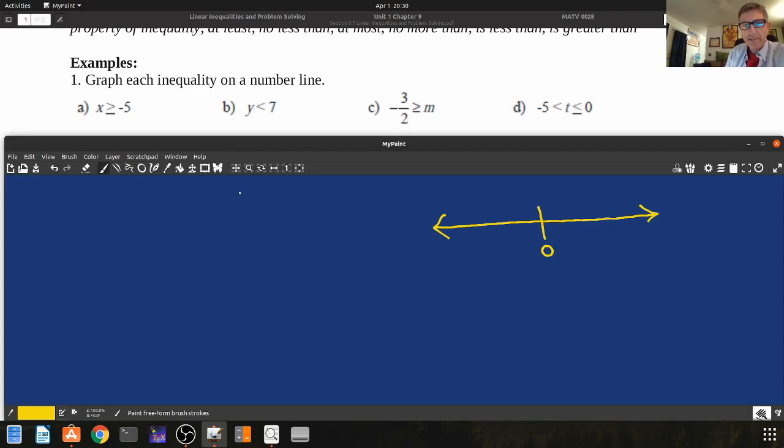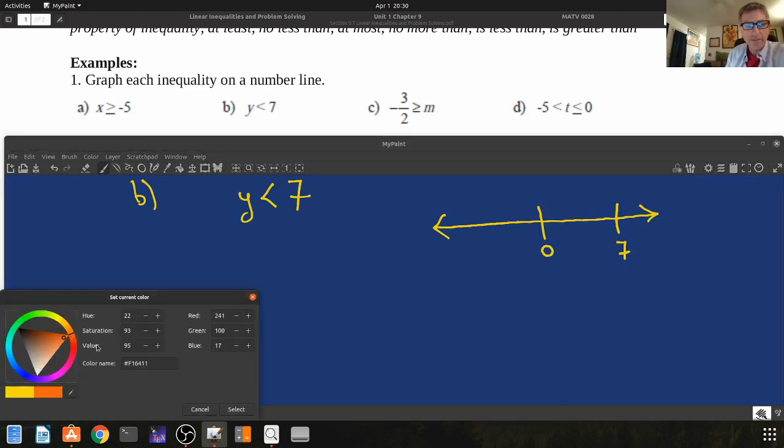Our next inequality, number B, states we want to find all numbers y that are less than 7. So I need to decide where I want 7 to be. You don't have to worry about scale. So there is 7, and then I want to indicate all numbers that are less than 7.